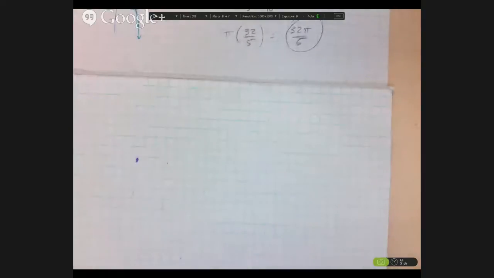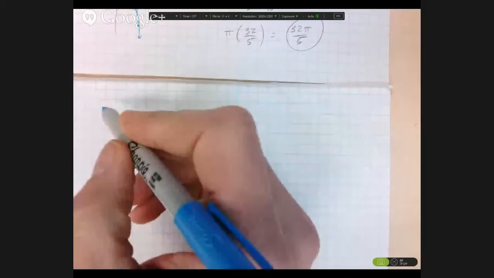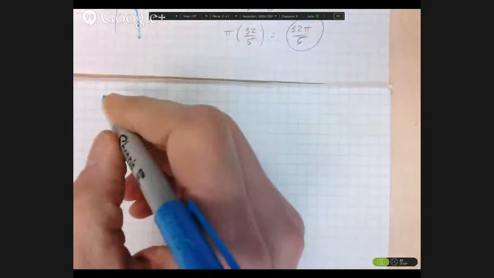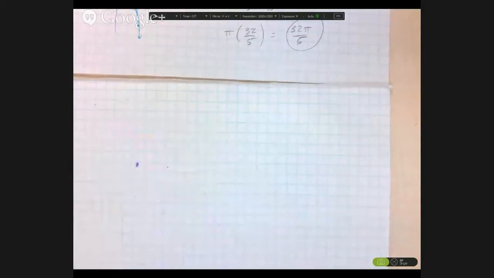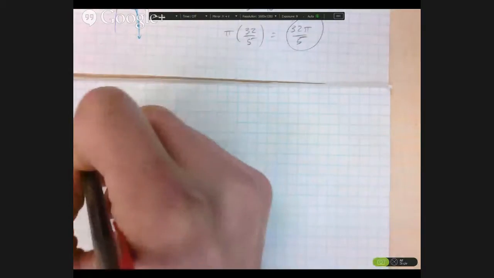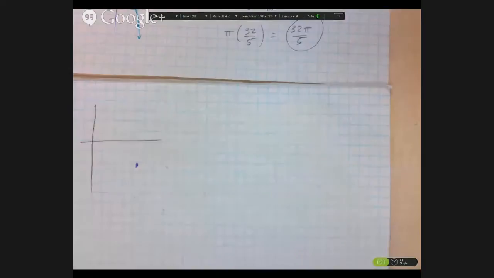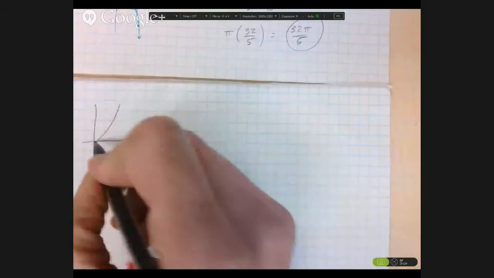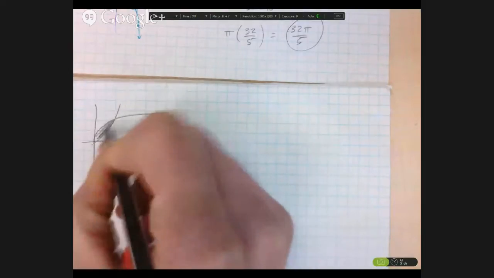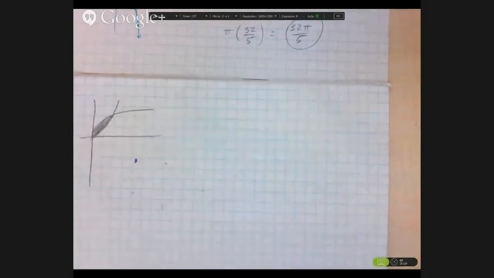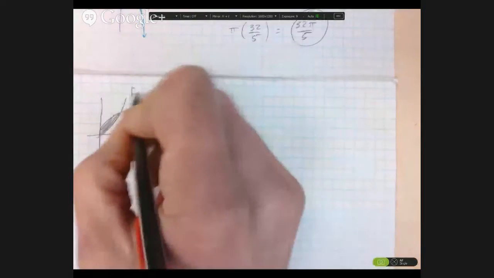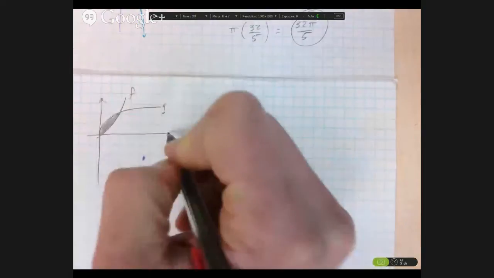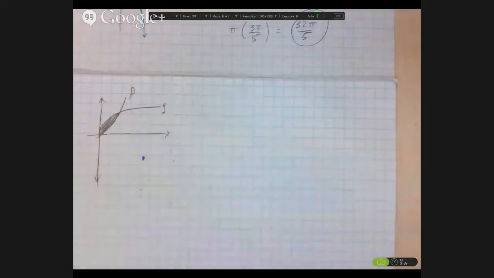Let's look at a washer. If we rotated this about the x-axis, it's going to be called a washer.